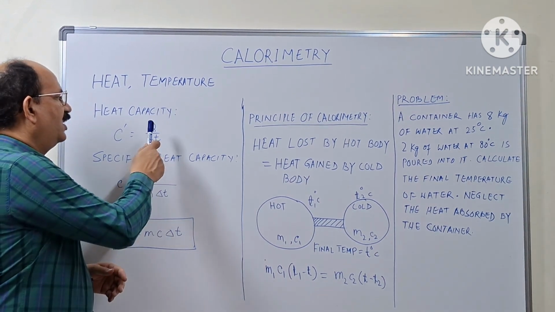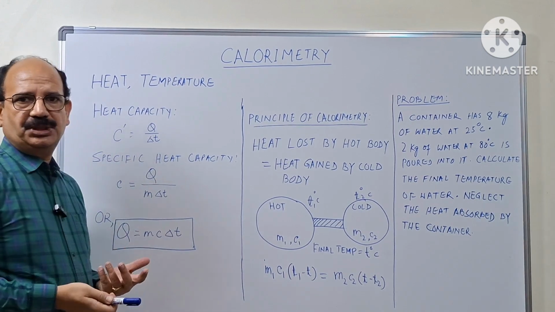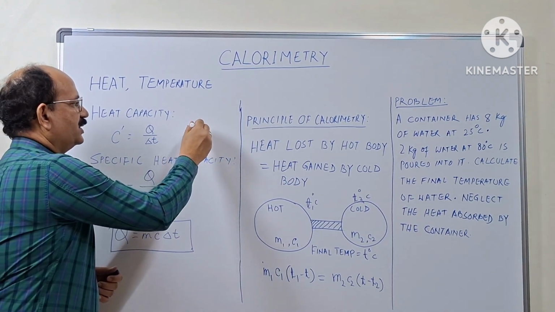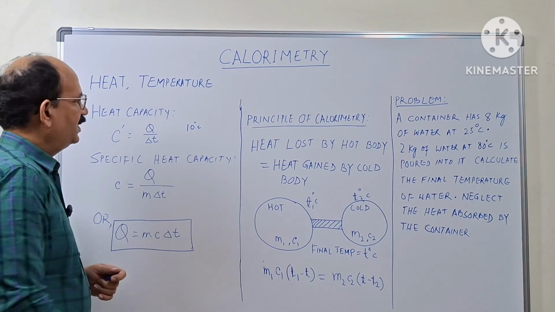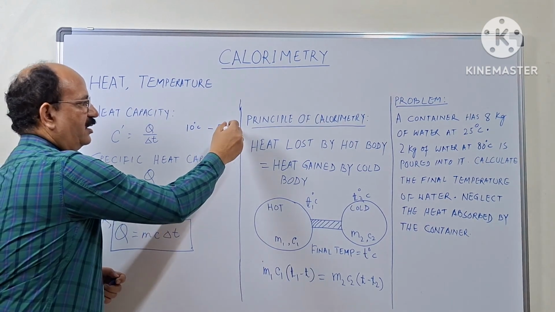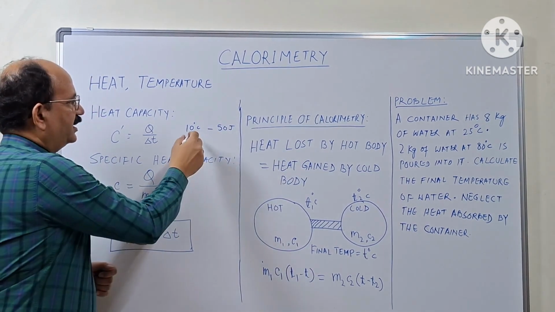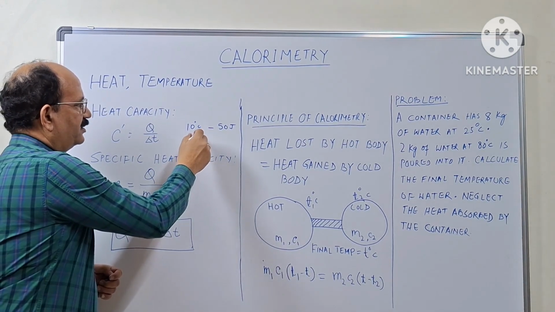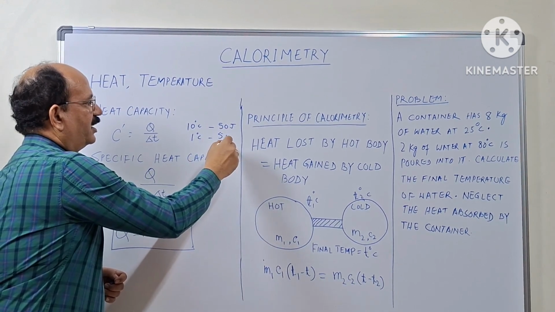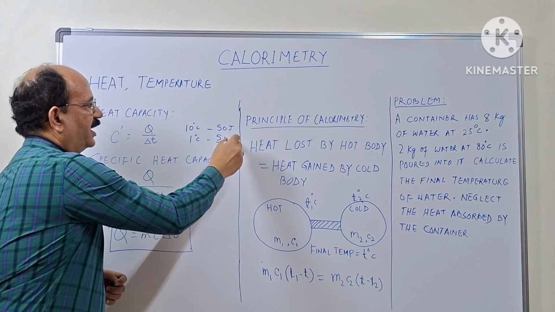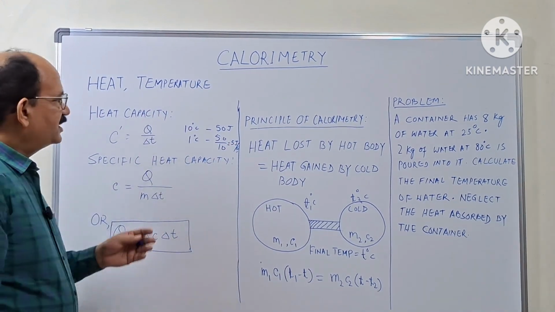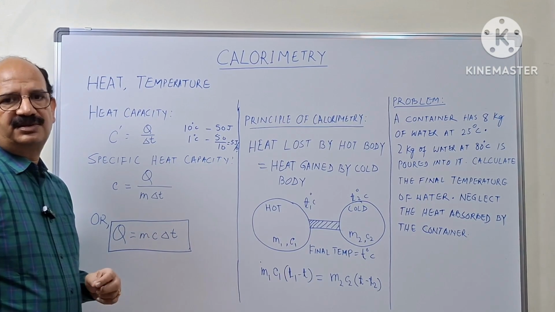So if we want delta T degree change in the temperature, say for example we want 10 degree change in temperature of a substance and it requires say maybe 50 joule heat, then the heat capacity of that substance, that if you want to change 1 degree Celsius, then it will be 50 joule divided by 10, and that is equal to 5 joule per degree Celsius. So this becomes the heat capacity of the substance.